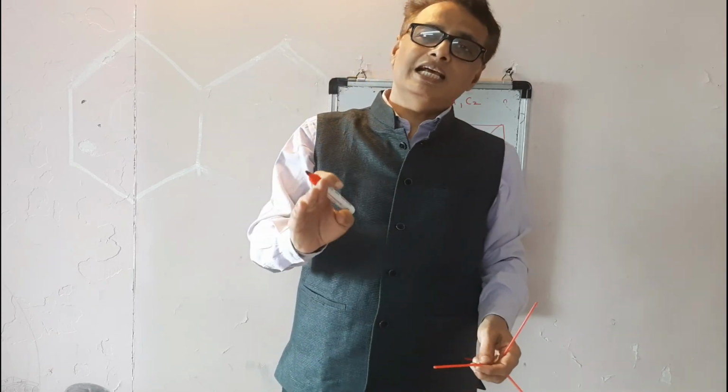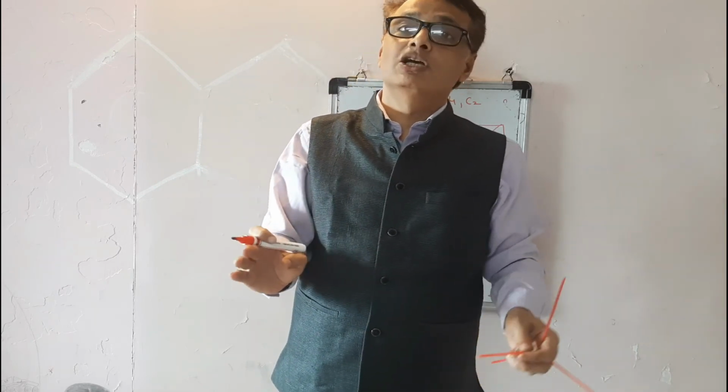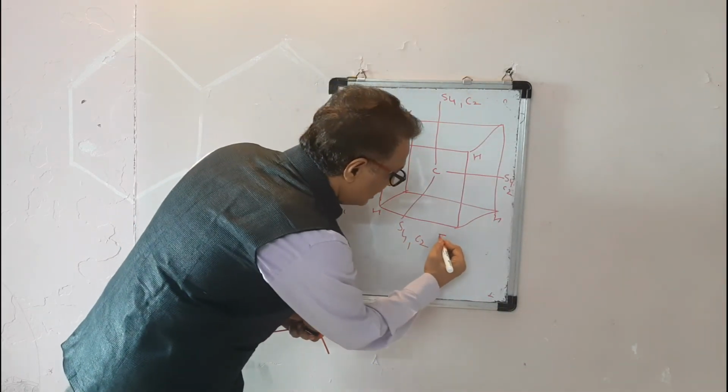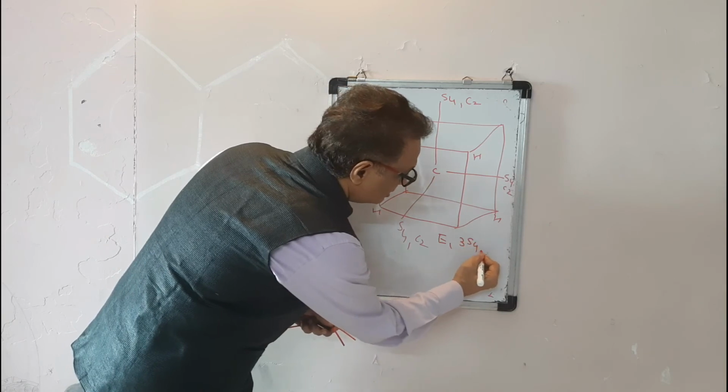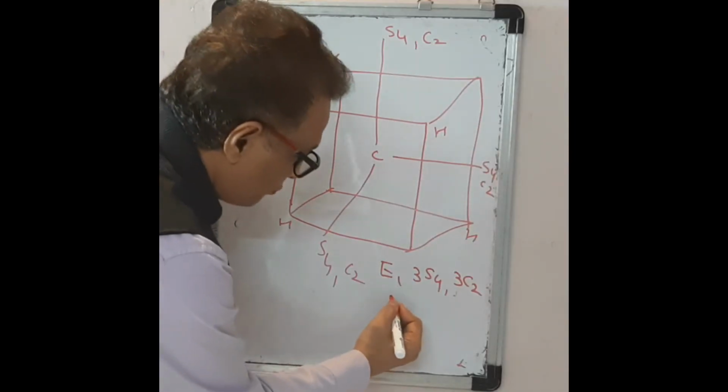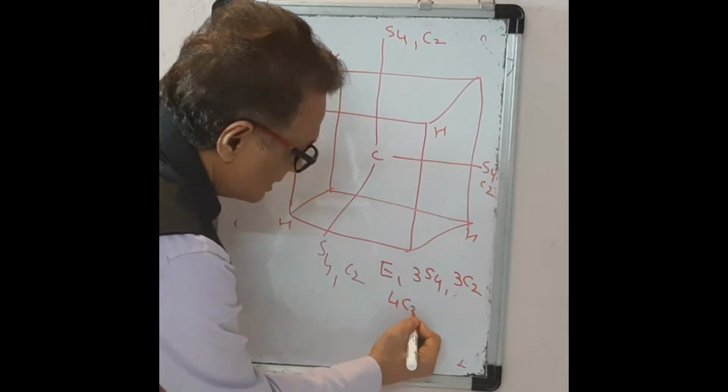So it contains E, three S4 axes and three C2 axes, and it also contains four C3 axes.